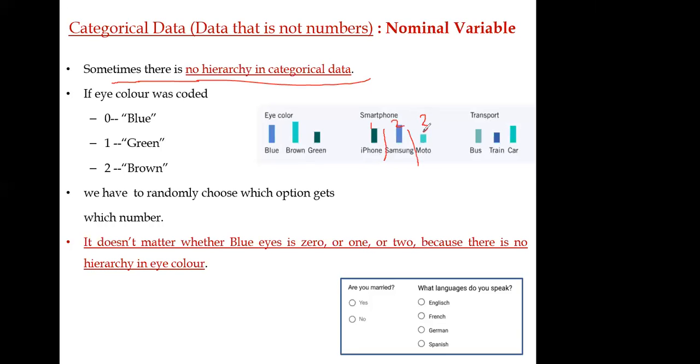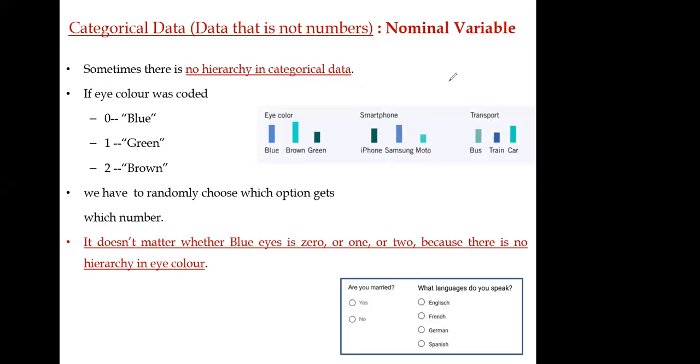Also, if I ask another question of the audience, what is your transportation way to university? Maybe some students say they come by bus, some by train or maybe car. There is no hierarchy between the answers. That kind of data we call nominal data.